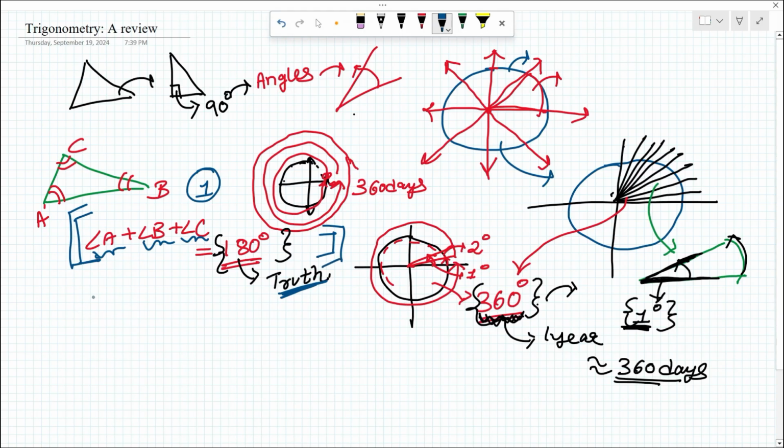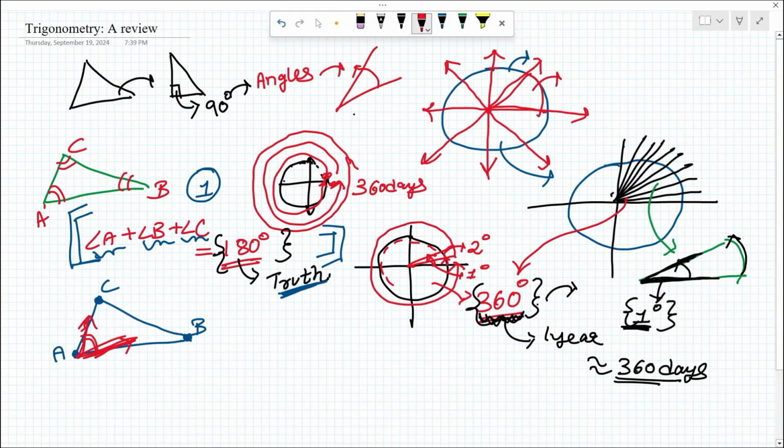The next thing is, let me just draw a triangle ABC. Henceforth, the way I will represent a triangle is I will name each of the vertices by some letter like A, B, and C. Now, if I look at this angle A, it is formed by this AB and AC.